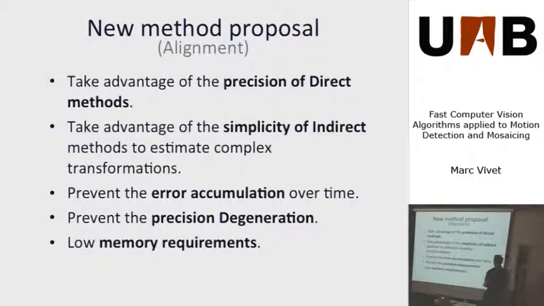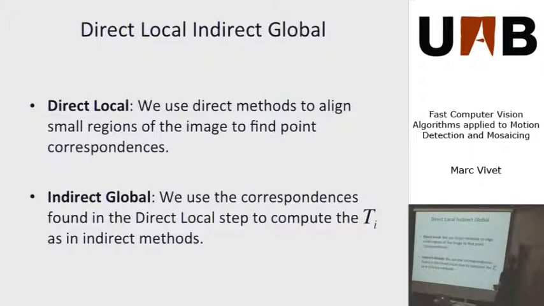So we propose to take advantage of the precision of direct methods, and also the simplicity of indirect methods to estimate complex transformations, prevent the error accumulation over time, prevent the precision degeneration, and maintain low memory requirements. So why direct local, indirect global?